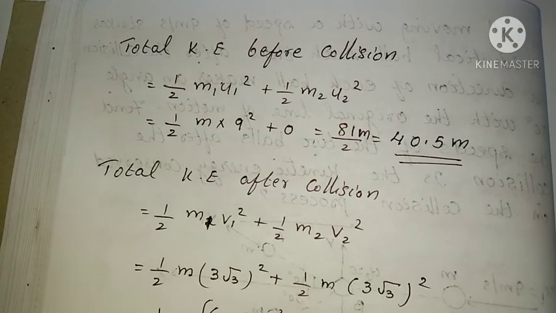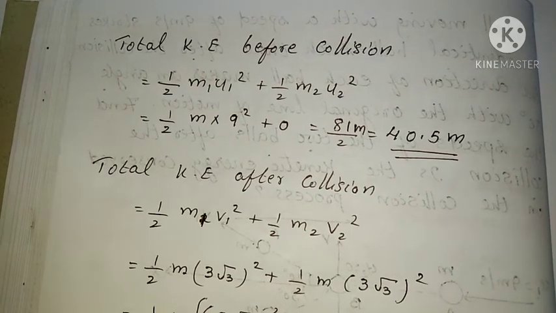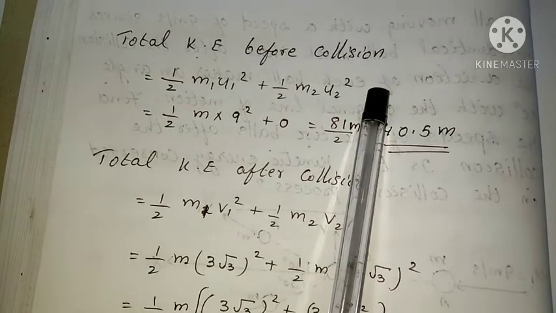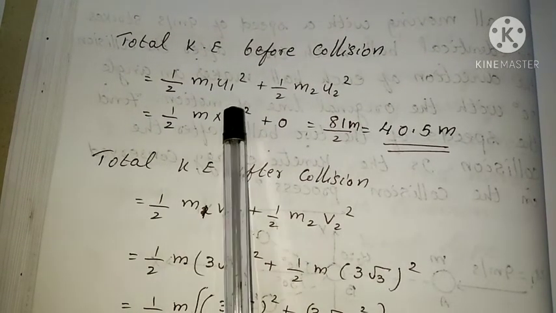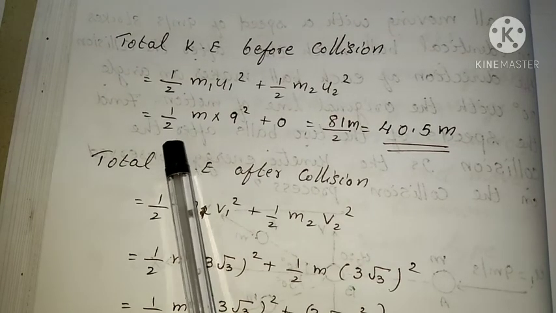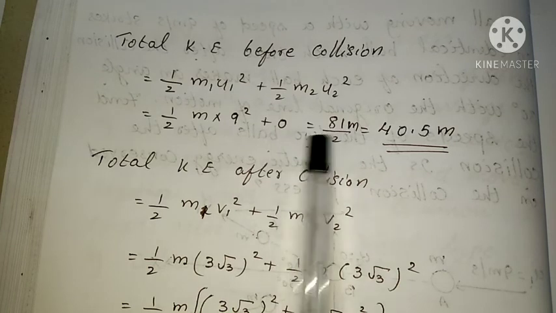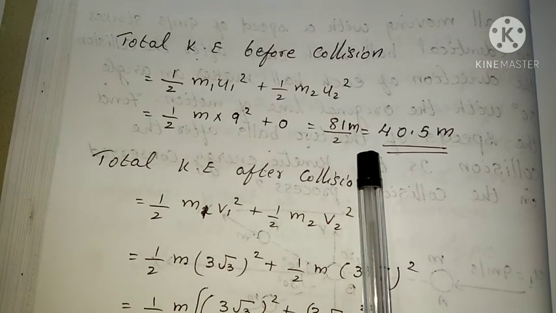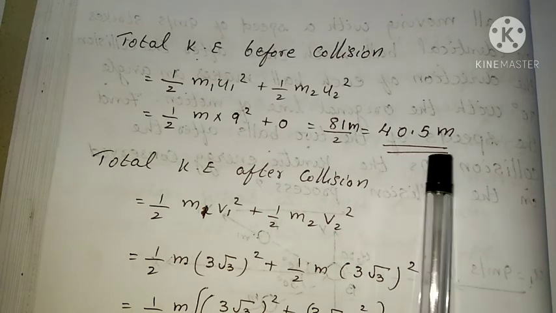For that, you want to find out the total kinetic energy before collision and the total kinetic energy after collision. Total kinetic energy before collision is equal to half m1 u1 square plus half m2 u2 square. Substitute the values: half into m into 9 square plus 0, that is equal to 81 m divided by 2, equal to 40.5 m.